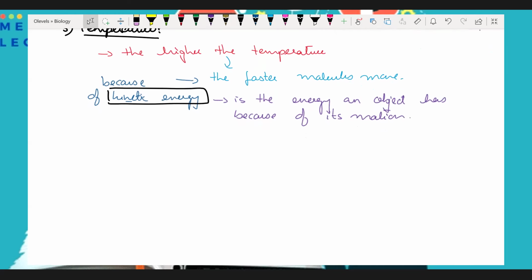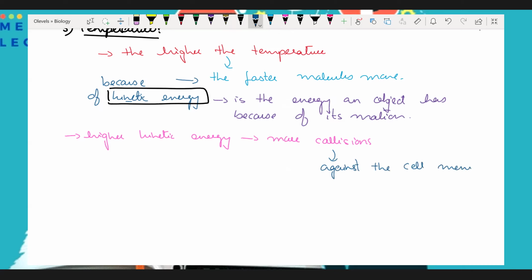So as the molecule is going to have a higher kinetic energy, higher kinetic energy means what? That there will be more collisions against the cell membrane, right?